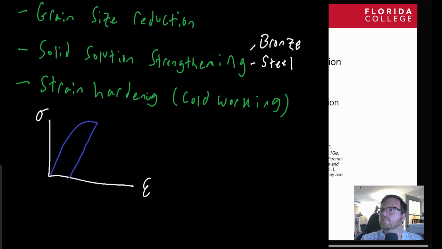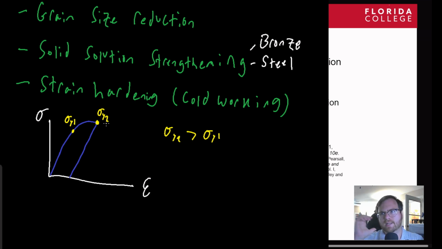But now we'll call this sigma y2. And this down here will be sigma y1. Now, sigma y2 is greater than sigma y1, or yield stress 1. And that is essentially what strain hardening is. We are working the material.